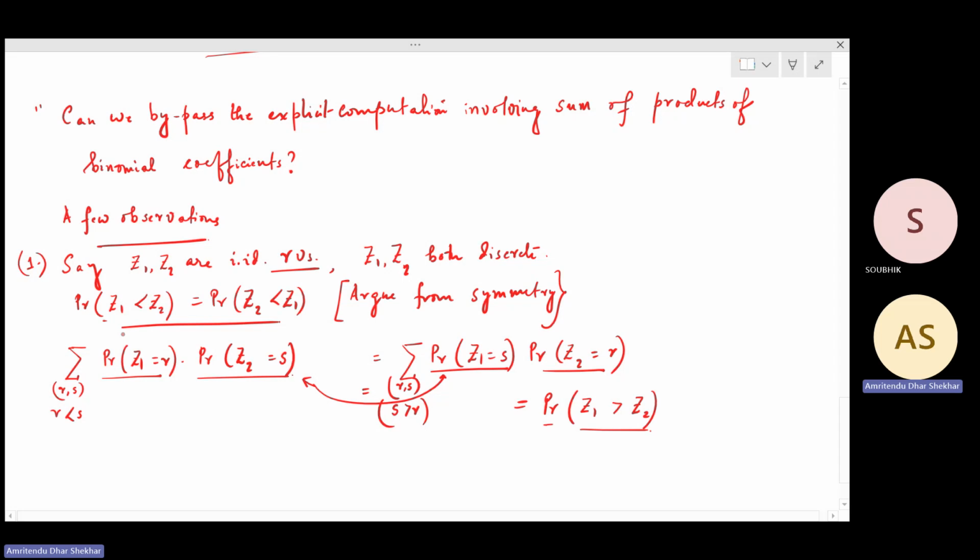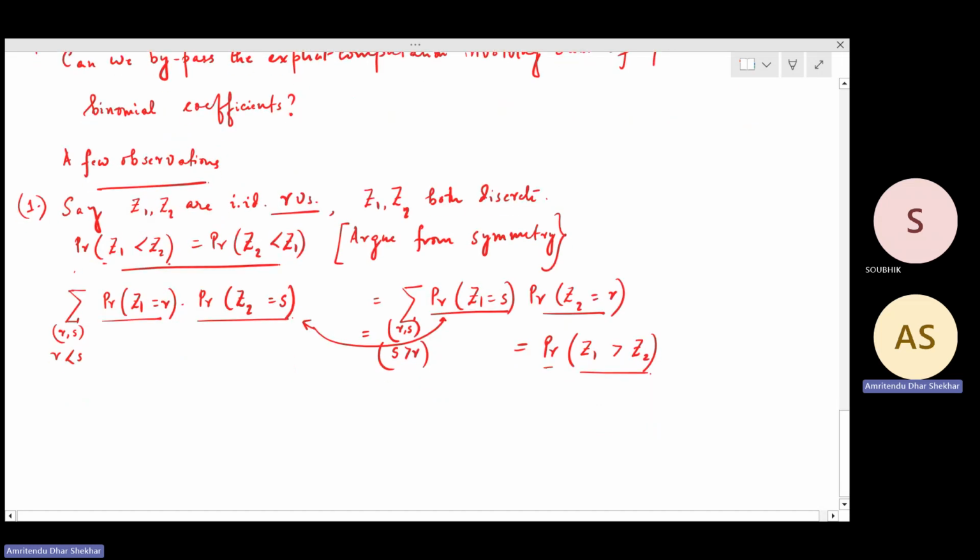So the probability of Z1 less than Z2 is equal to the probability of Z1 greater than Z2. I hope you can now explicitly see this, right? Yes, sir.